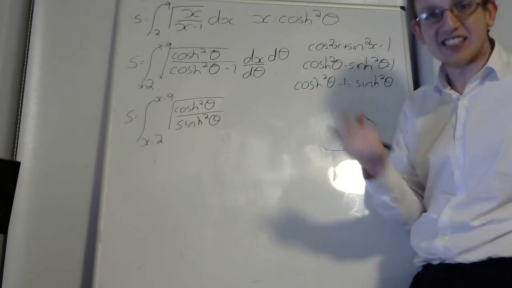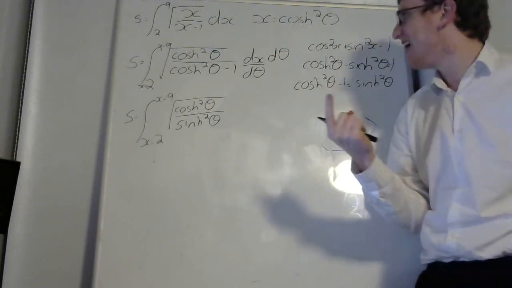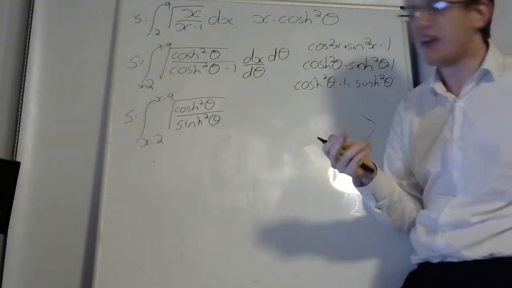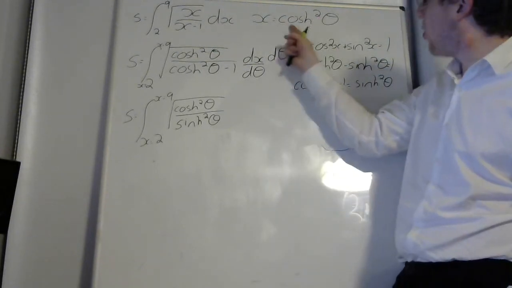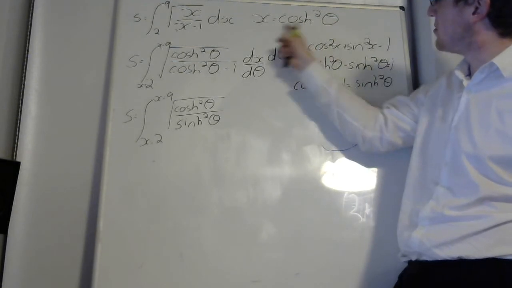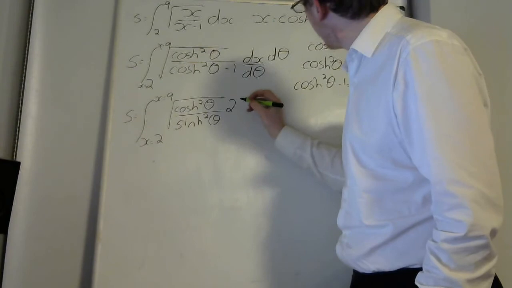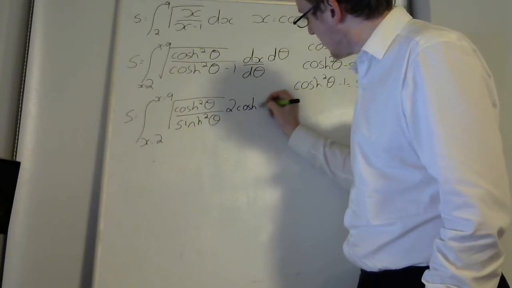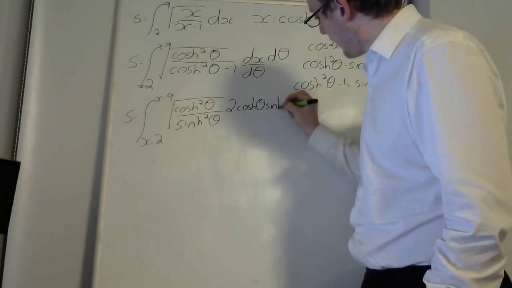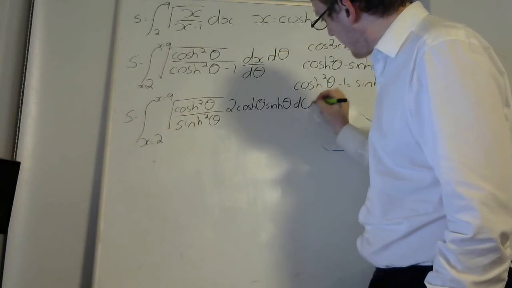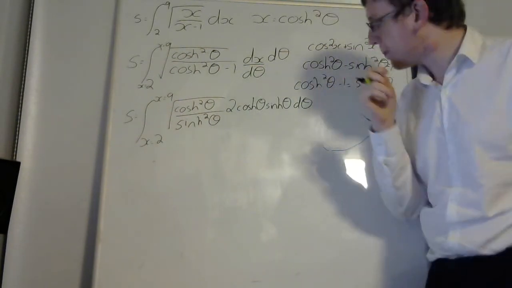Earlier, the derivative of the inside was 1. I got really lucky there. It's not 1 now. If I forgot that, I would have been in trouble. 2 cos theta multiplied by the derivative of the inside, which is sine theta. So 2 cos theta sine theta d theta. Cool.